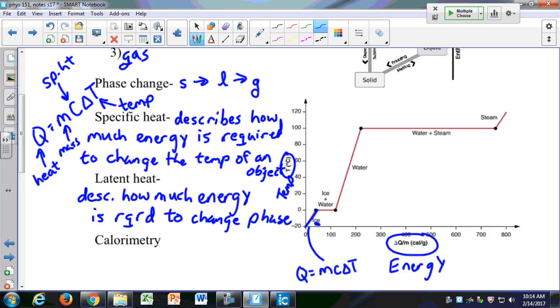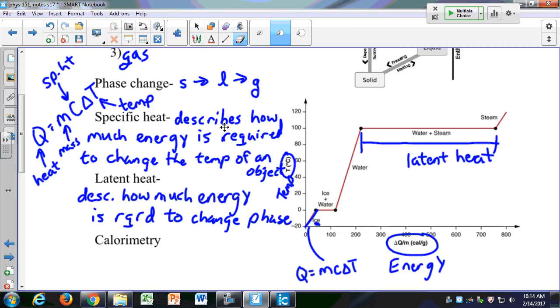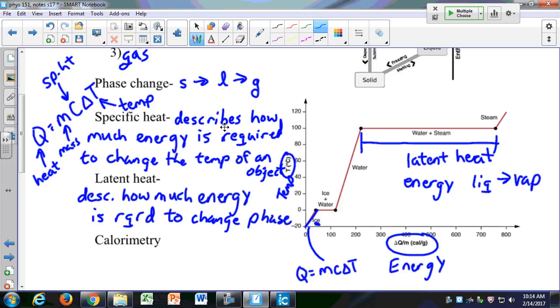So all this energy is the latent heat, the energy to go from a liquid to a gas or a vapor. And as I said, this comes up a lot as we talk about evaporation in sweating.